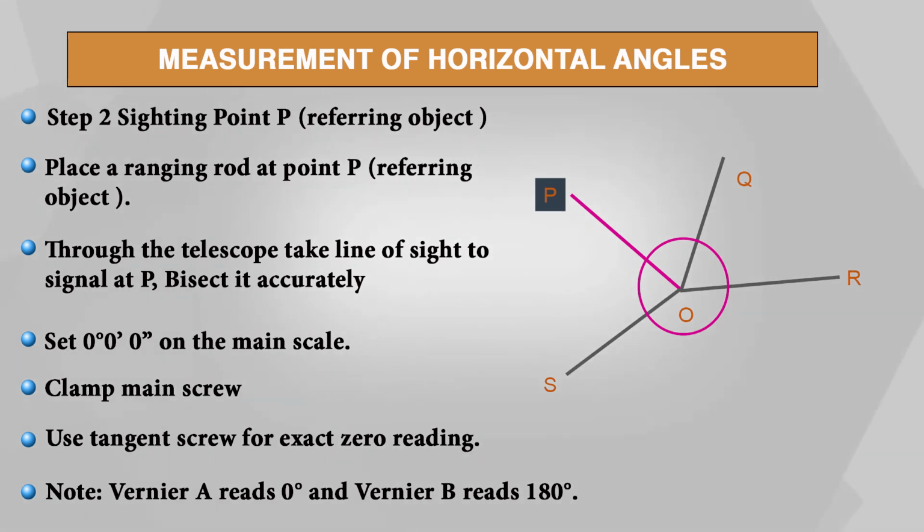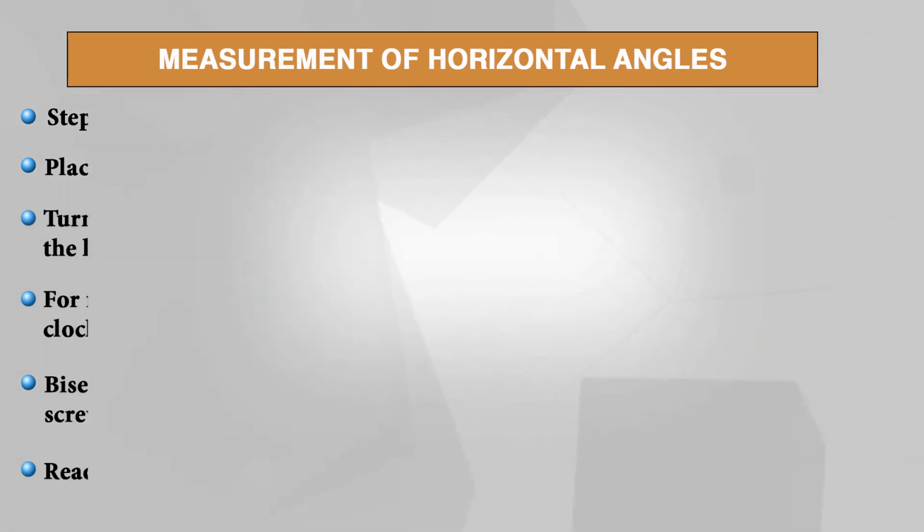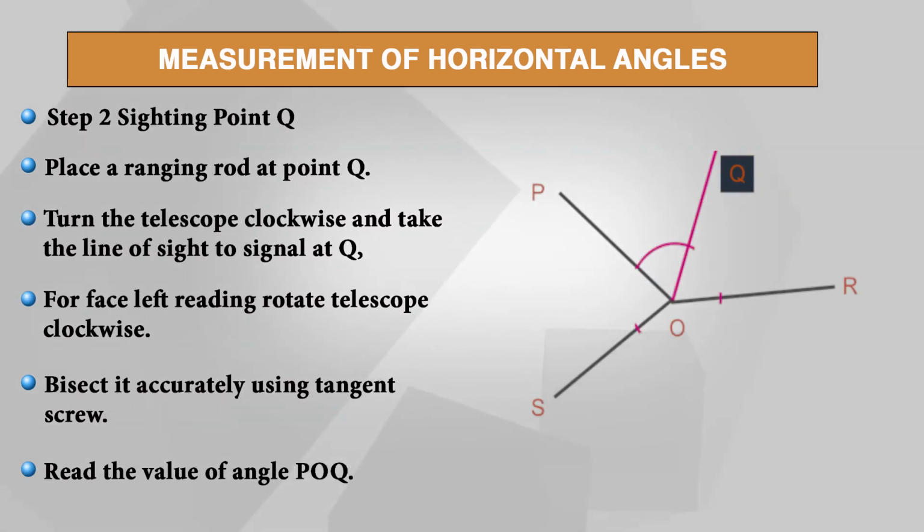In the entire process, the lower plate will be locked, and loosen the clamp and turn the theodolite clockwise. Whenever we are taking face left reading, it is common practice that we go clockwise. Suppose the next point is Q. In our case, we will bisect it very accurately, clamp the plate, and accurate bisection is done by slow motion or tangent screw.